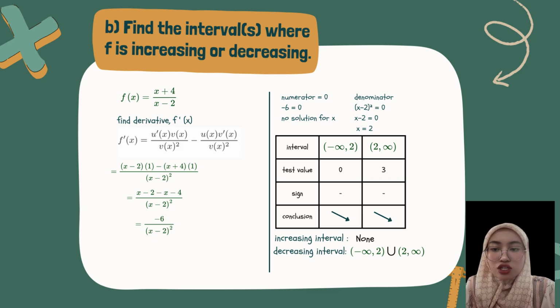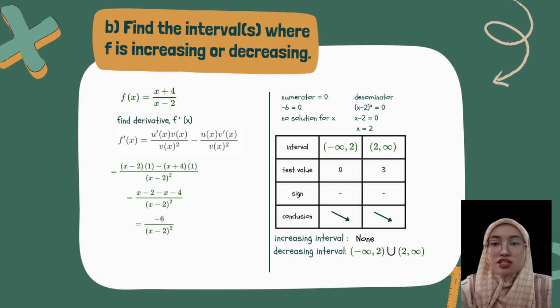Now let's differentiate u(x) and v(x). u prime (x) equals 1 and v prime (x) equals 1. Next, we apply the quotient rule and then we simplify the numerator. We get f prime (x) equal to (x minus 2) minus (x plus 4) over (x minus 2) squared. We cancel positive x and negative x, and we get negative 6 over (x minus 2) squared.